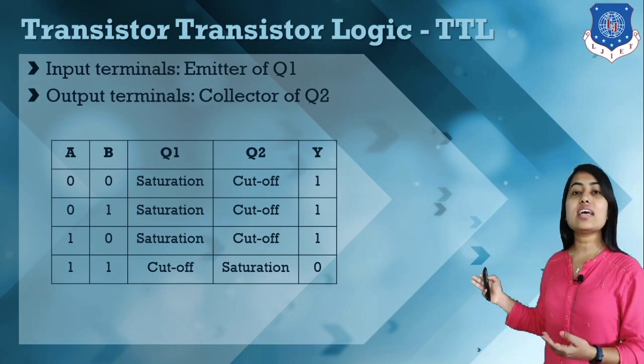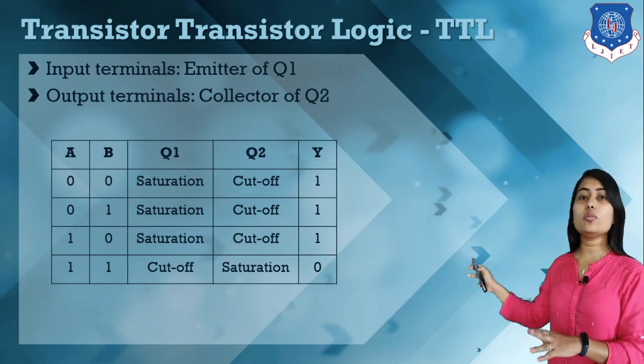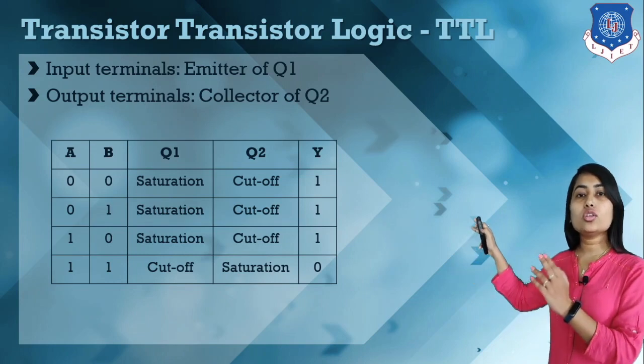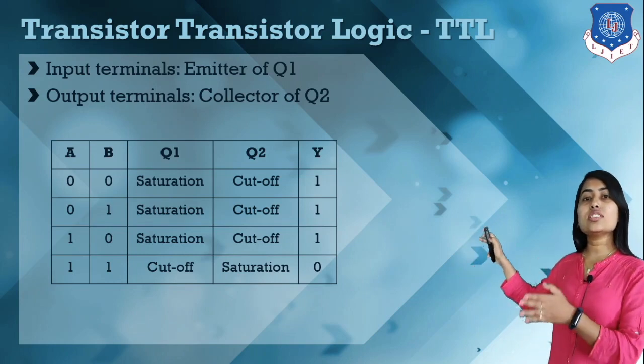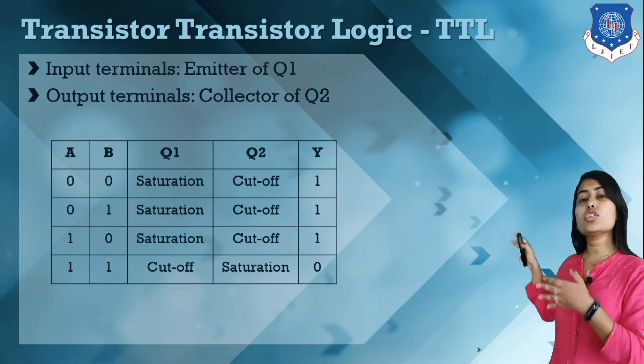As we discussed, whenever any of the inputs is 0, Q1 goes into saturation and Q2 goes into cutoff, so the output is 1.